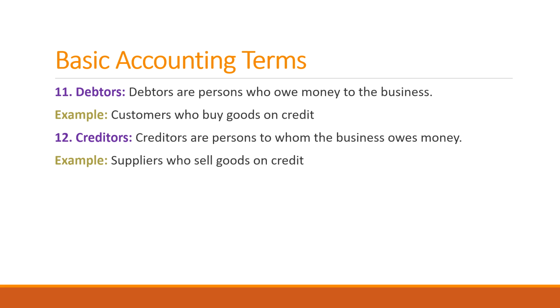Creditors are persons to whom the business owes money. For example, Ravi buys goods from a supplier and he will pay that amount next month. So that supplier is called a creditor. He is nothing but the supplier who sells goods on credit basis.